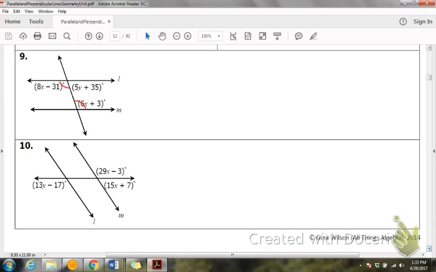They're not on the same side. Alternate interior. Okay? So alternate interior angles we know are congruent. They're the same. So we're going to set 8x minus 31 equals 6x plus 3. Okay, let's go ahead and solve that one out.